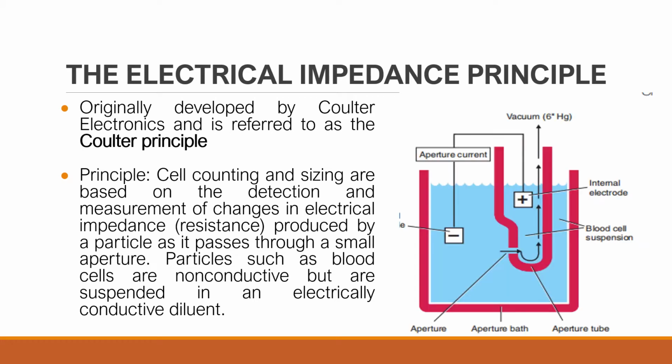Particles like your red blood cells, white blood cells, and platelets are non-conductive in nature, but they are suspended in an electrically conductive diluent. As a dilute suspension of cells is drawn through the aperture, the passage of each individual cell momentarily increases the resistance of the electrical path between two submerged electrodes that are located on each side of the aperture. This is how the machine determines the number and the size of each individual cell.